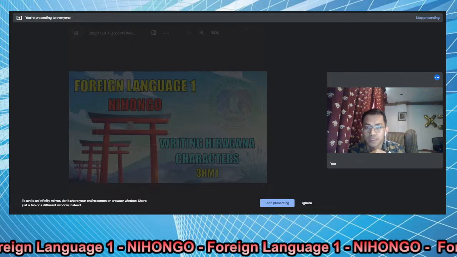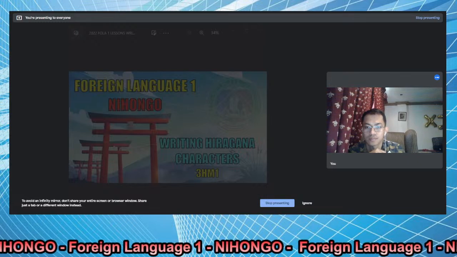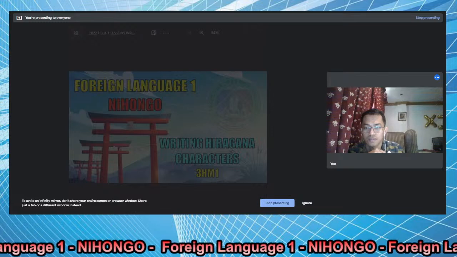This one. Hiragana writing practice sheet.